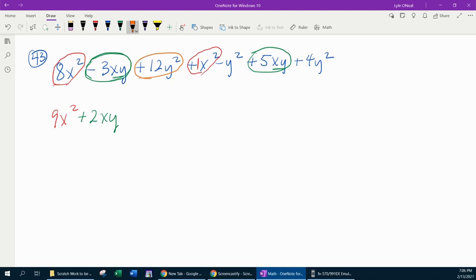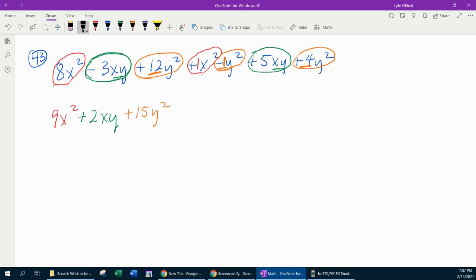12y squared minus y squared plus 4y squared. All of those terms are like terms because they all have a y squared. So I've got 12 minus 1, which is 11, plus 4, which is 15y squared.